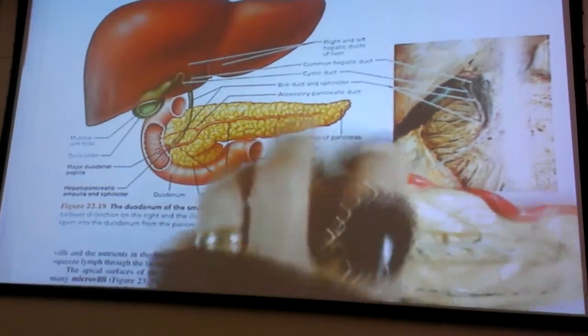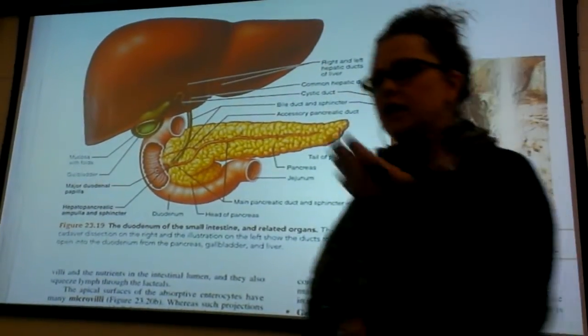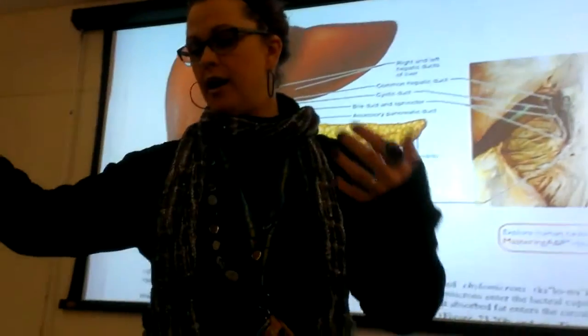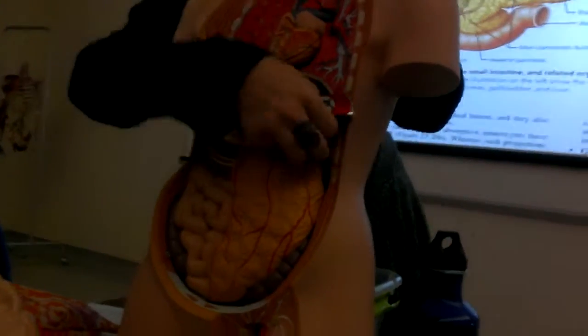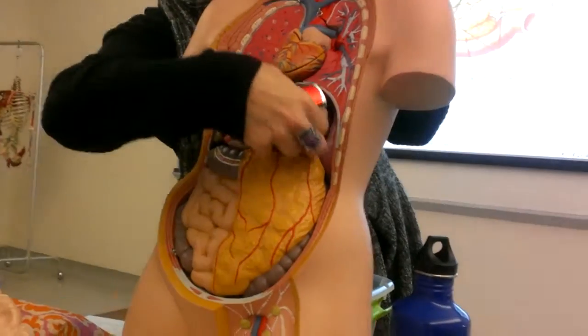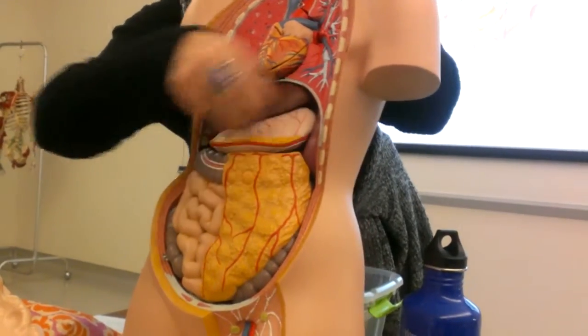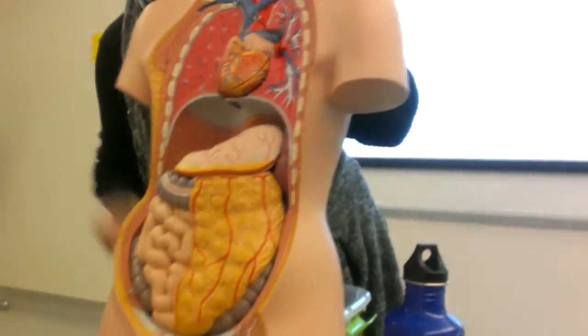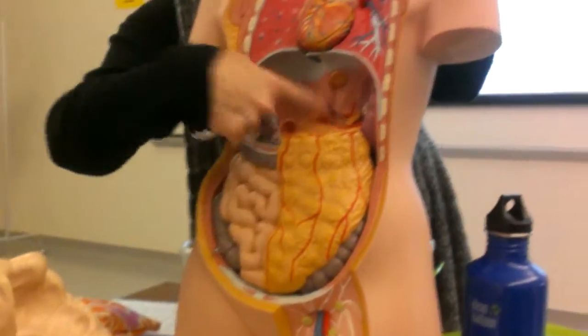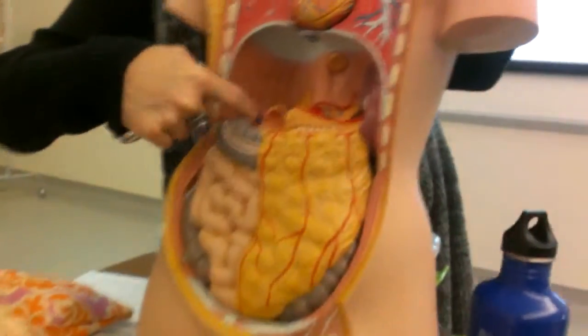Okay? On your models, if you take off the stomach and the liver and leave the bowel in there, take off the liver, get the stomach out of here. I don't want to rip it out. You can see the pancreas in there, and this is the duodenum right here.